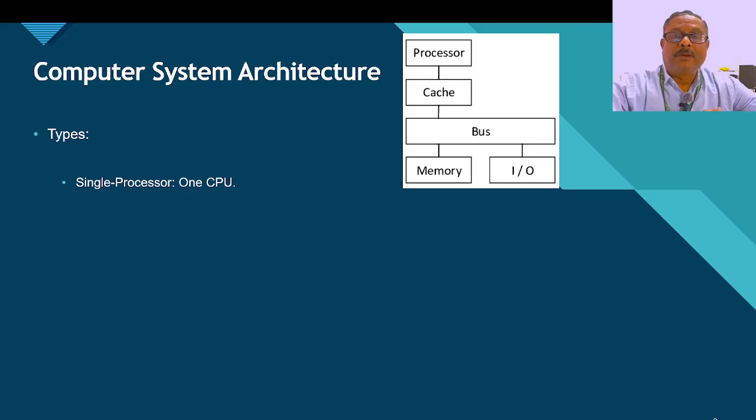The simplest one is a single processor architecture where we have one CPU, and this one CPU is connected to all the peripherals through the bus as discussed in the previous session. So we have a bus arrangement where all the peripherals are interacting with the processor.